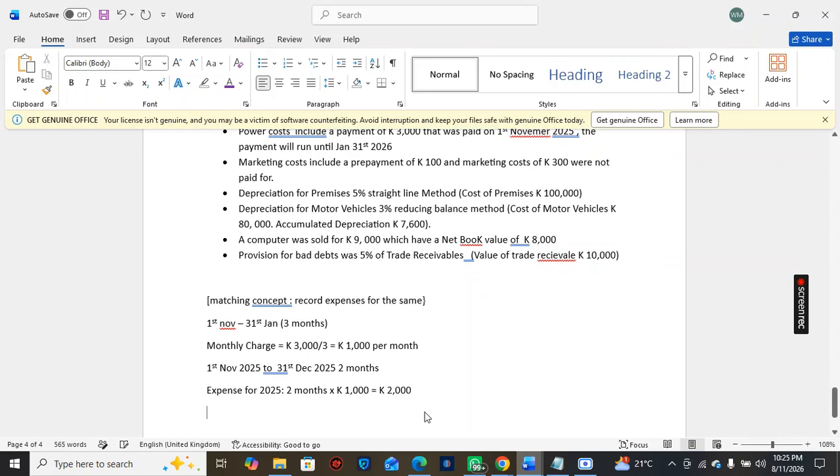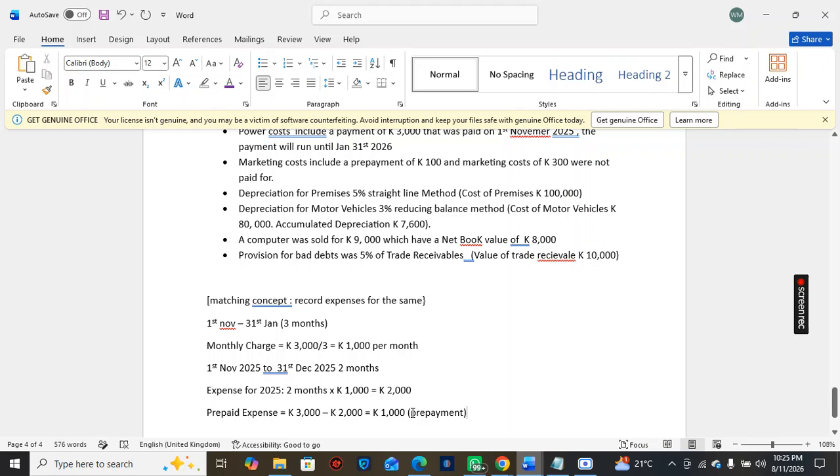Then the prepaid expense: you're going to say 3,000, the whole amount, minus the amount for this year, is 1,000 kwacha. So this is the prepayment here.